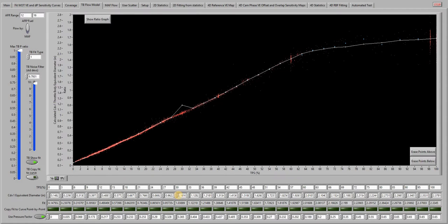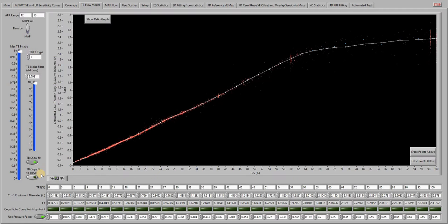But you have the option. So this is the one that I changed. You have the option of copying the fit point by point. So if I click this button, and let me wiggle this so it refreshes, that copies what was the blue point, which was here, into the equivalent diameter calibration point, as it were.